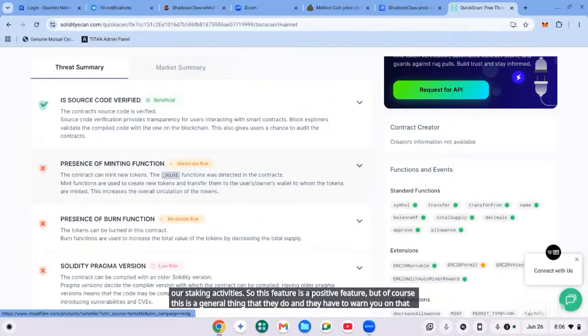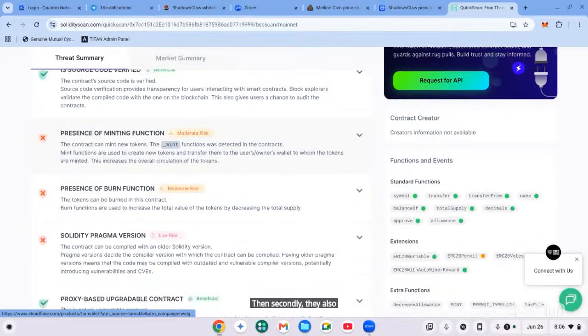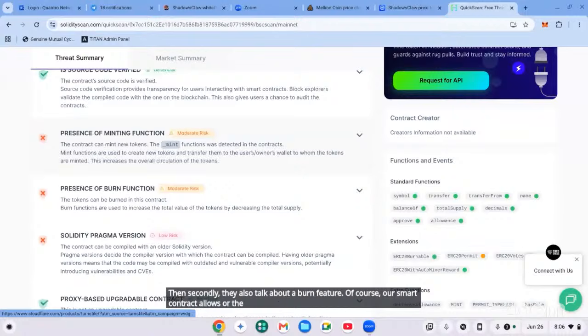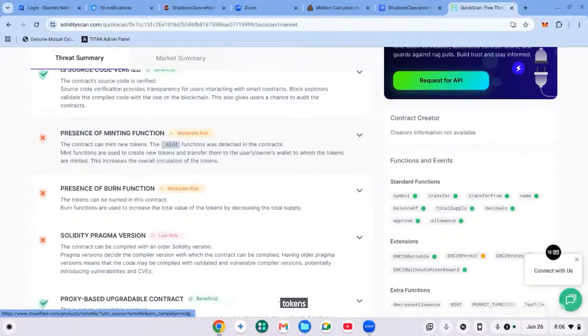Then, secondly, they also talk about a burn feature. Of course, the smart contract allows a buyback and burn feature to be able to modulate or control the total number of tokens in circulation in order to maintain a healthy price mechanism.